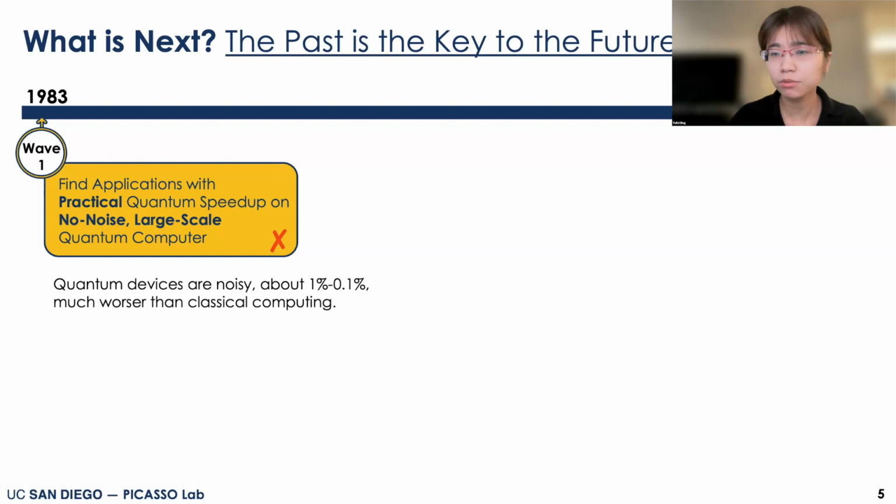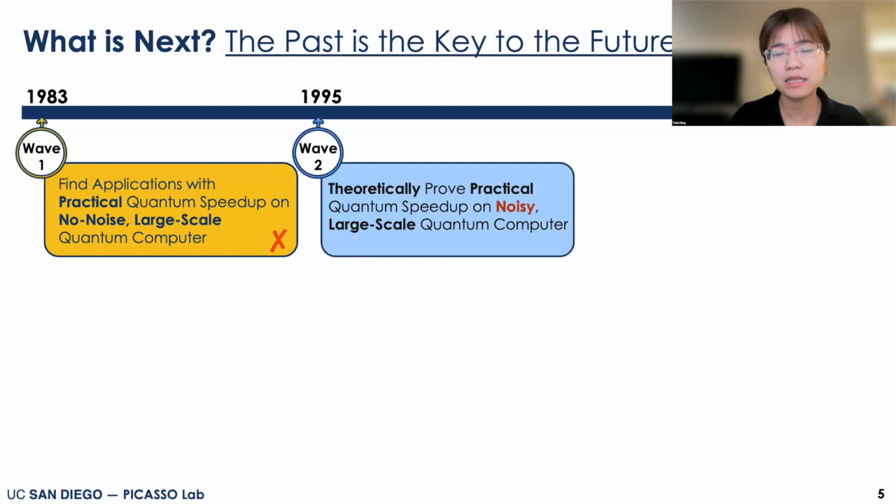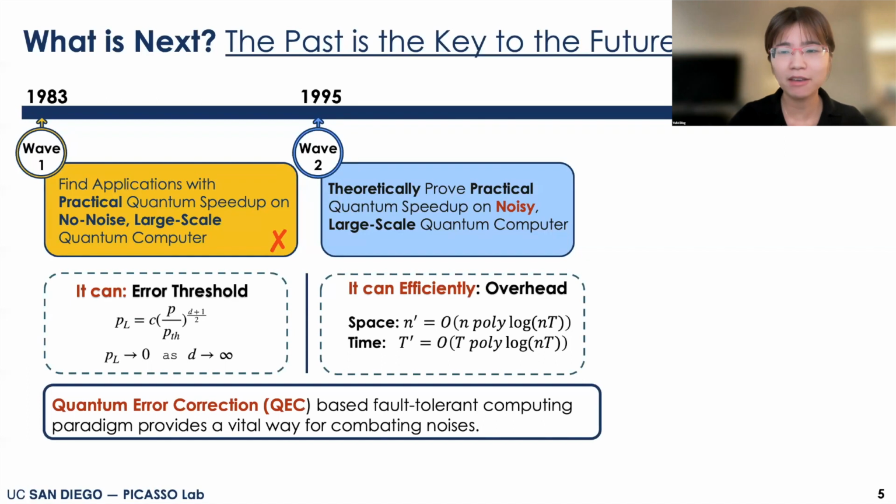Such error is hard to remove at the pure physical level, and that led to the second wave, where people started to investigate whether we could still have quantum speedup. We proved in the first wave the case of an ideal machine; the question was whether we can only build a noisy but still large-scale quantum computer. The good news is yes, and we can fix the error.